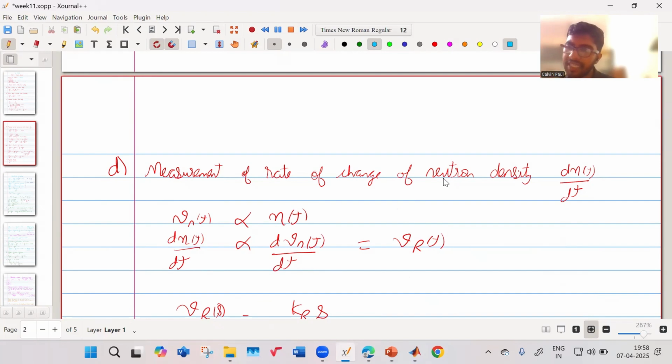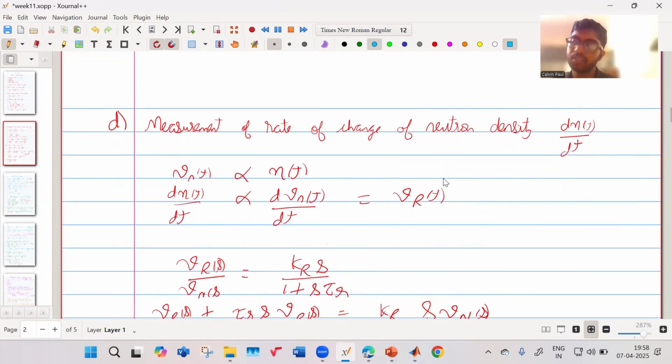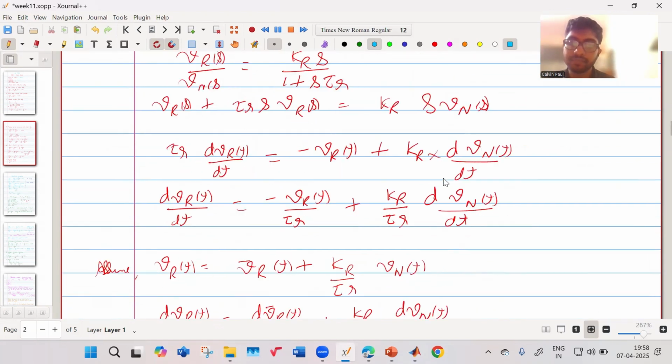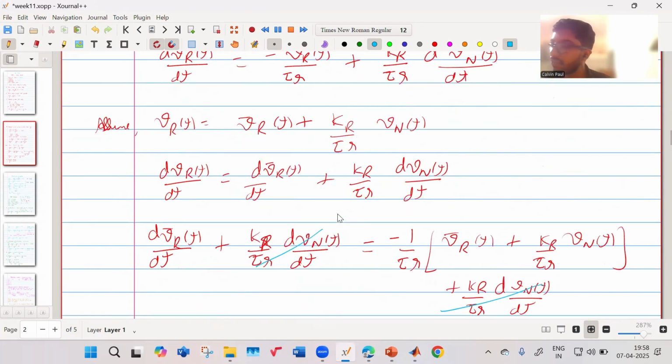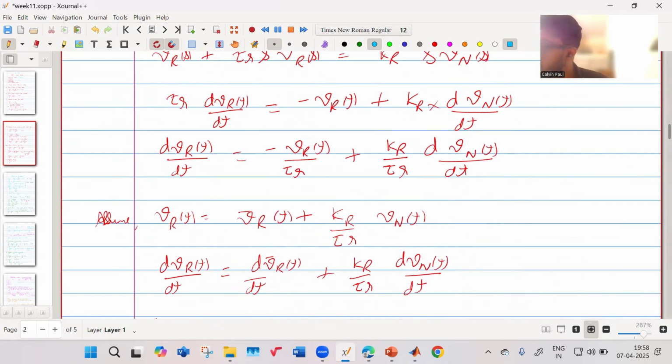So there is a slight error. It is not exactly that because of the first order response of the measurement of the neutron flux density. So it is not exactly that, right? And due to this, there is a certain, this is a linear combination of a state and the derivative of a state.